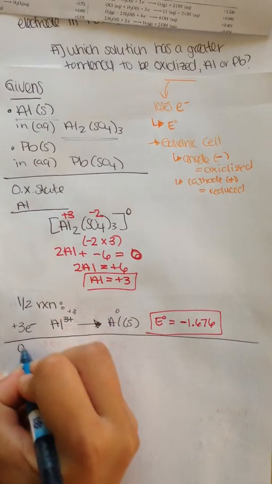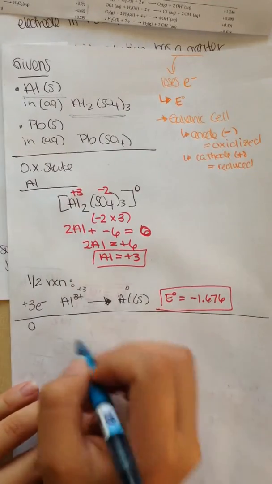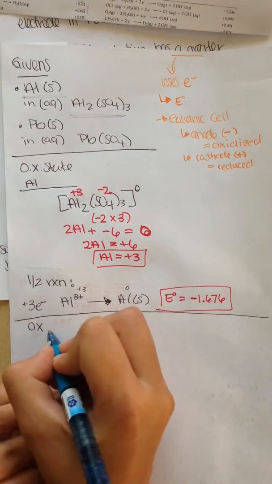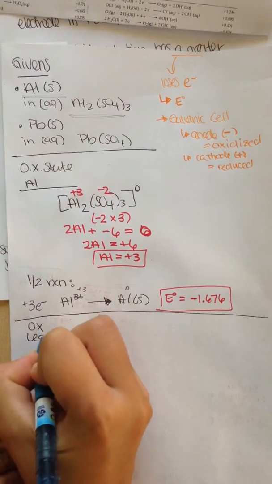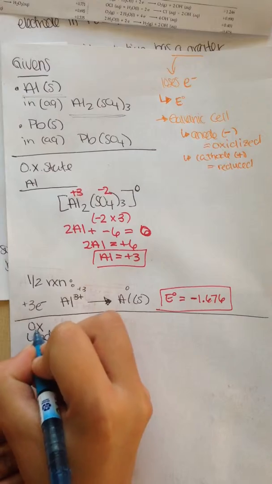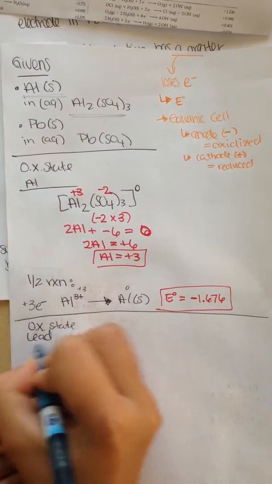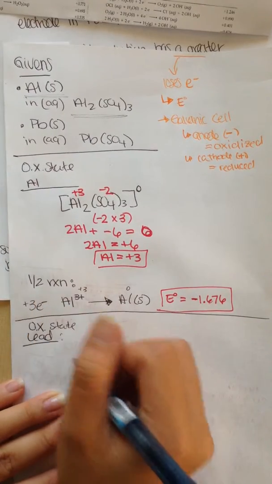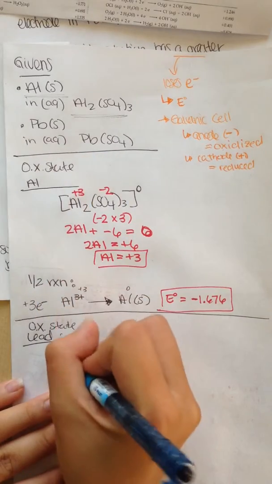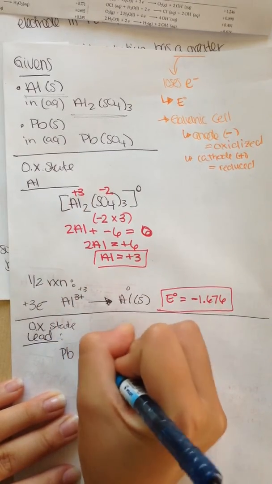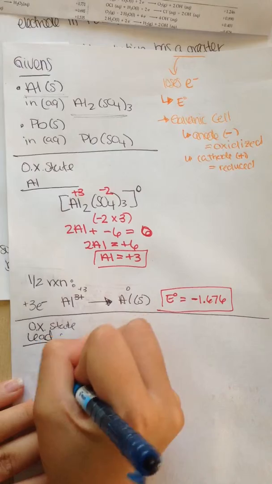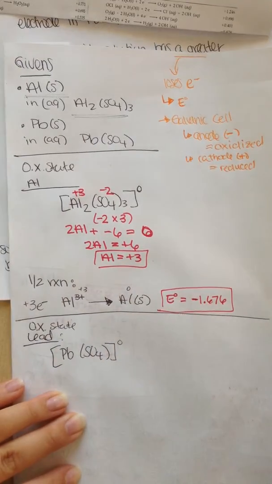So now let's do the oxidation state of lead. So we have PbSO4. The overall charge is 0.